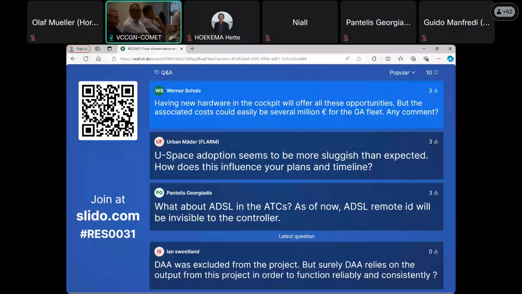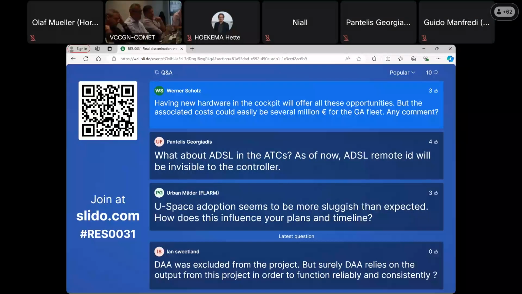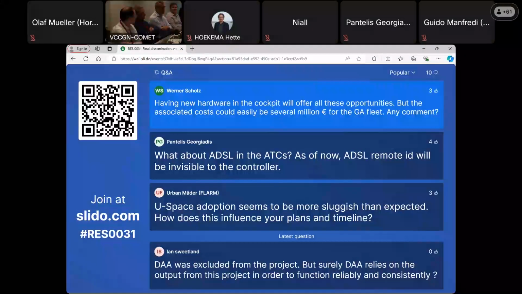What we also discussed and concluded is that the basic conspicuity function should be minimal cost, but pilots could probably be willing to pay more in case they get additional services, additional functions. So I can imagine that the basic conspicuity function, we know that it's free up today.